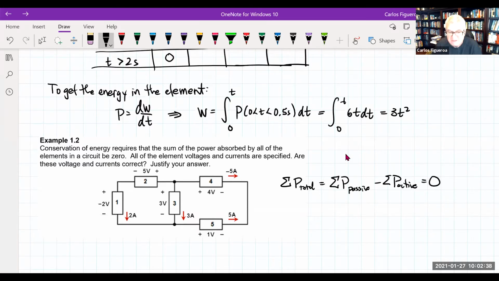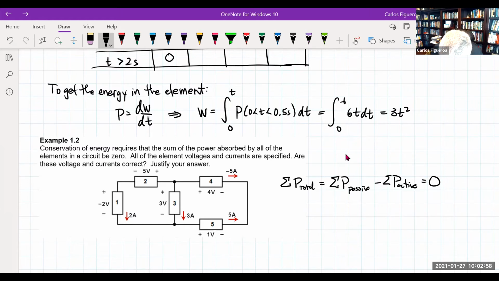That must be 0. All of the energy produced by a power supply must be absorbed by the circuit. There's no leftover energy, ever. You would violate conservation of energy.